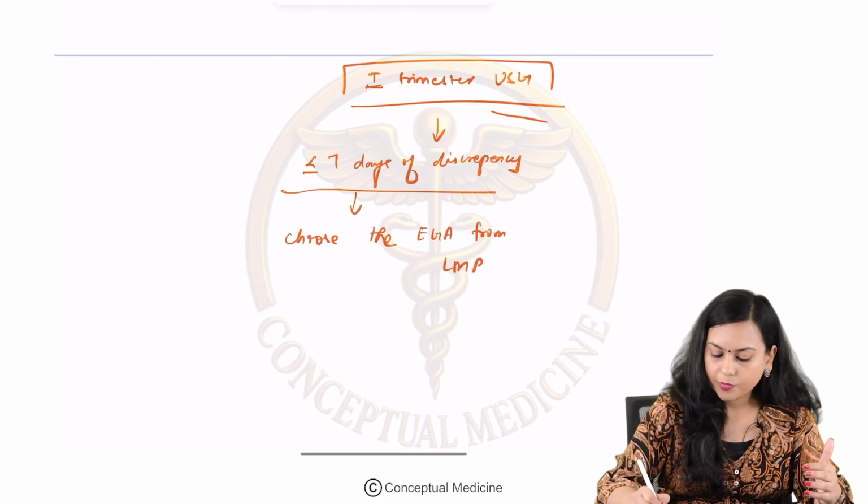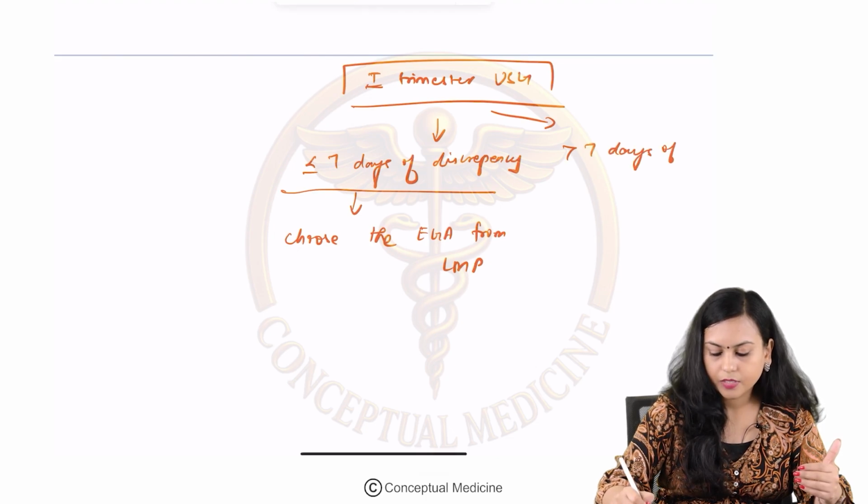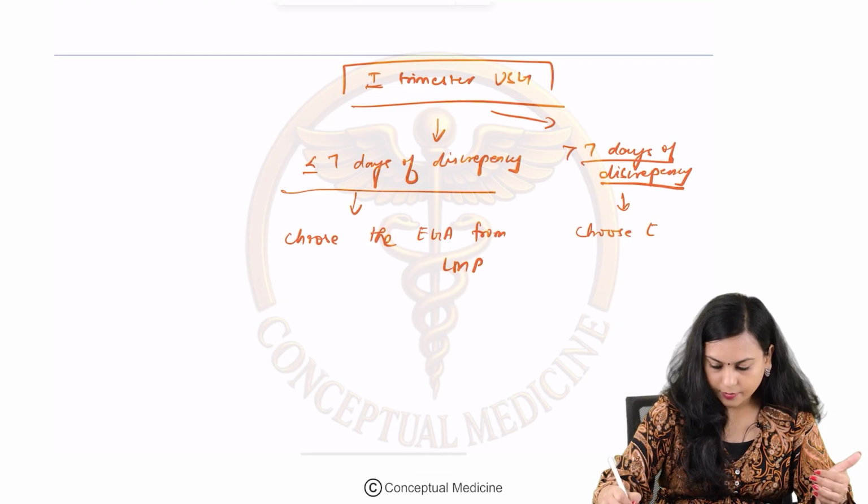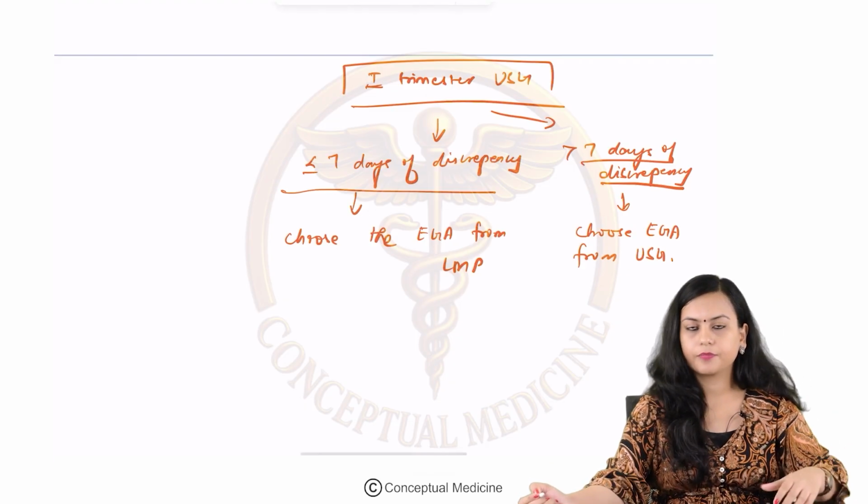Clear? And suppose there is more than 7 days of discrepancy between the LMP and the gestational age calculation, then choose the estimated gestational age from the ultrasound measurement.